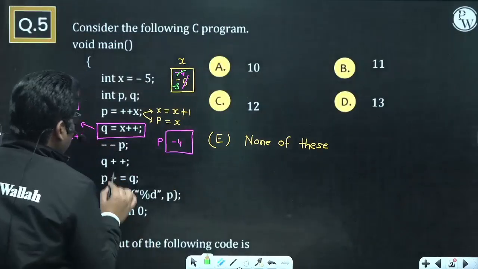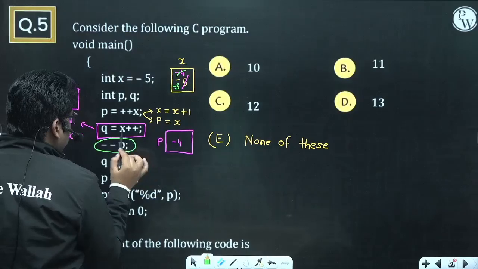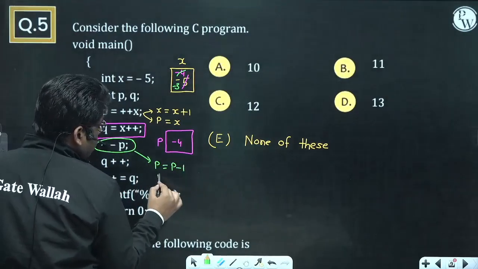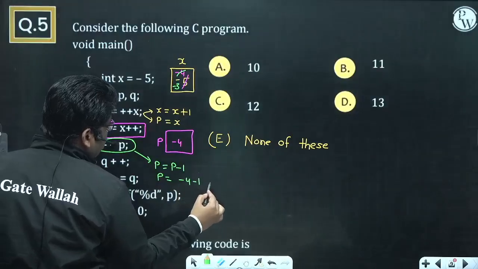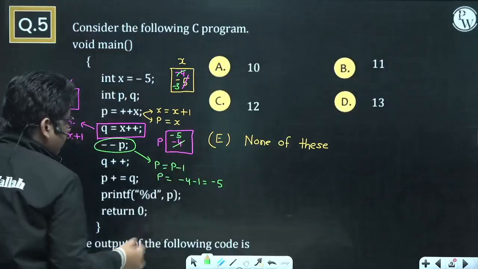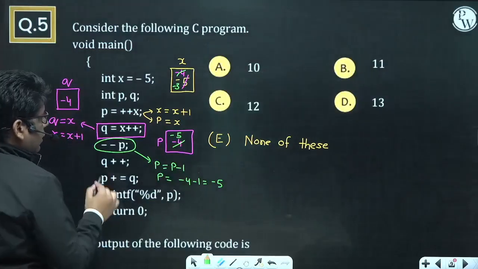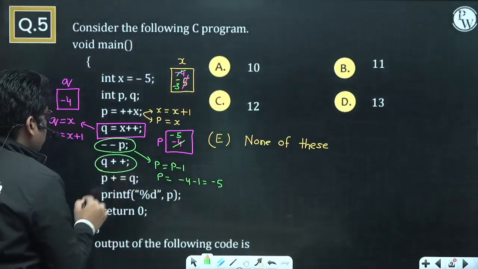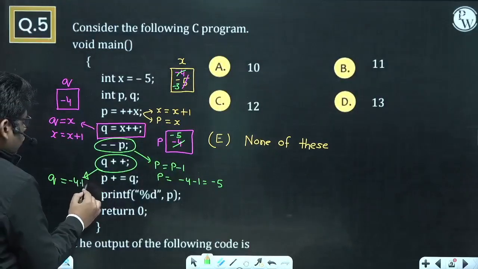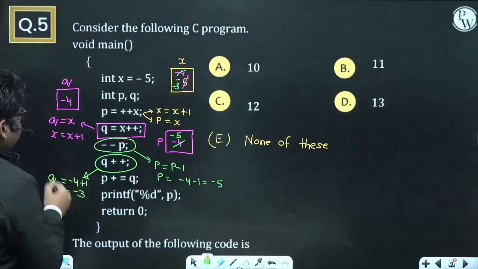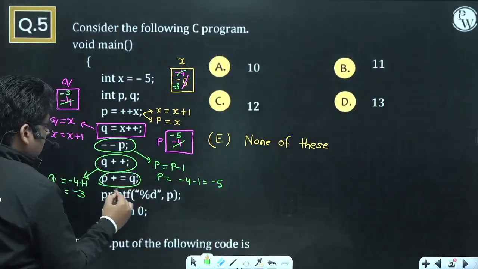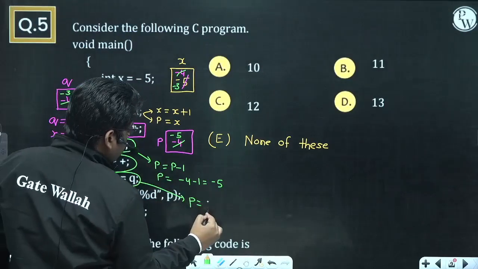Now minus minus p says p is equal to p minus 1. So p becomes minus 4 minus 1, so minus 5. Now q plus plus will increase the value of q by 1, that is minus 4 plus 1. This becomes minus 3. Now p is equal to p plus q.